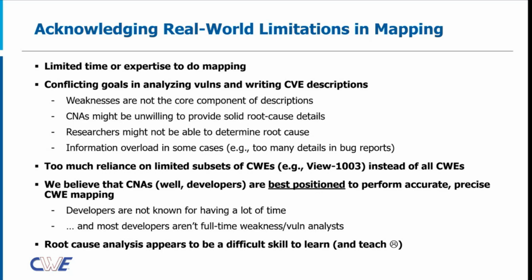It was meant to be a good starting point for NVD analysts to have a subset of CWEs that they could use for mapping, and make the whole CWE scope a lot less intimidating and challenging.